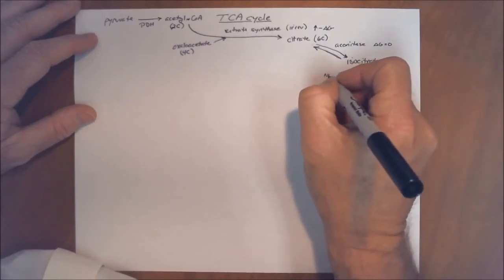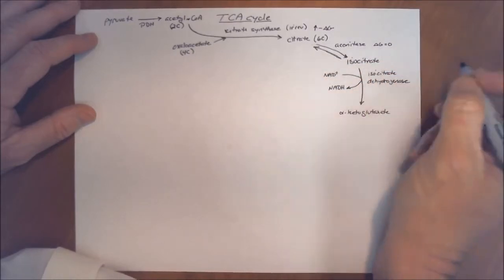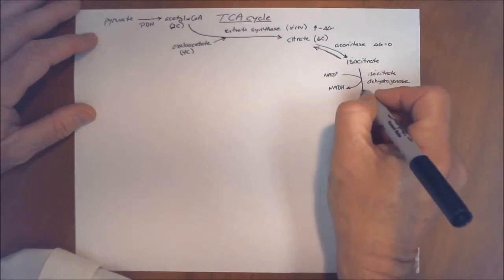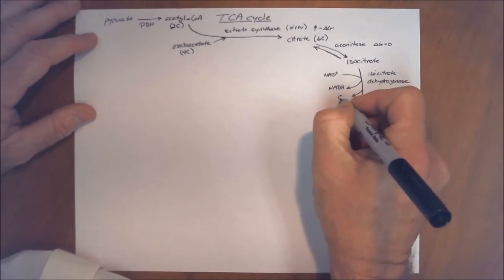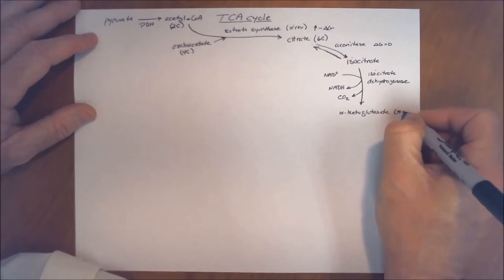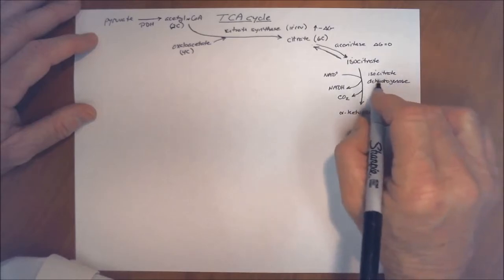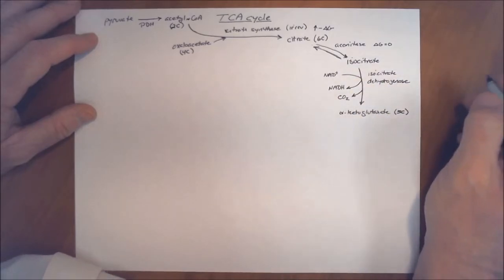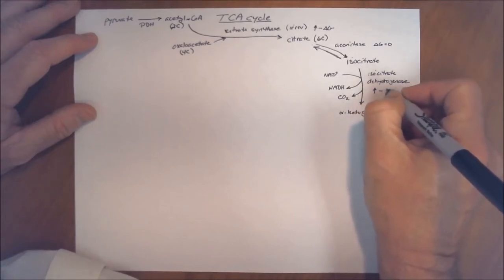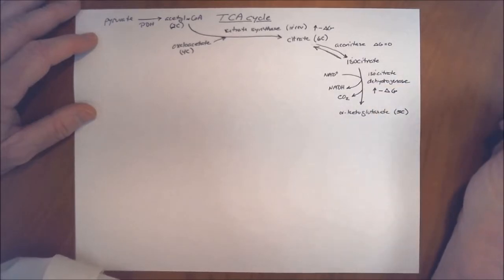So in this step here, we are going to convert NAD to NADH, transferring electrons from our isocitrate to the NAD carrier, and we are going to release our first CO2. So here we are taking ourselves down to a 5-carbon molecule. The isocitrate dehydrogenase reaction is not reversible, so it has a very substantial negative delta G, making this not reversible.